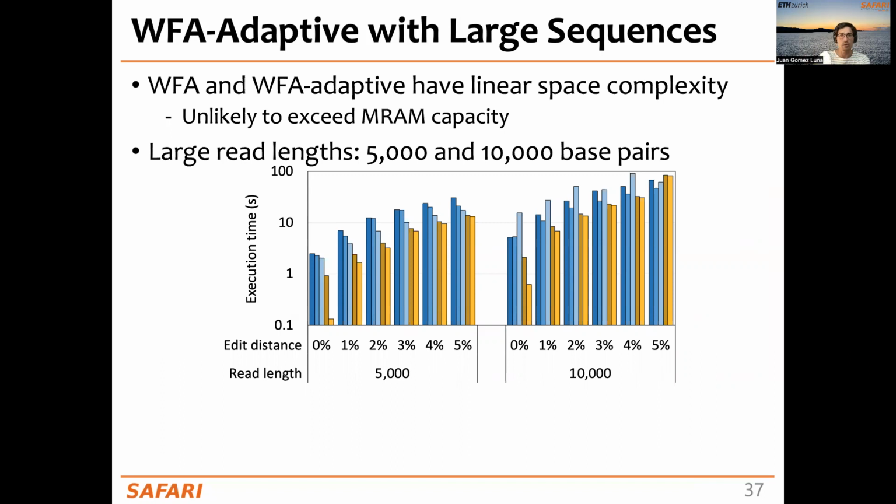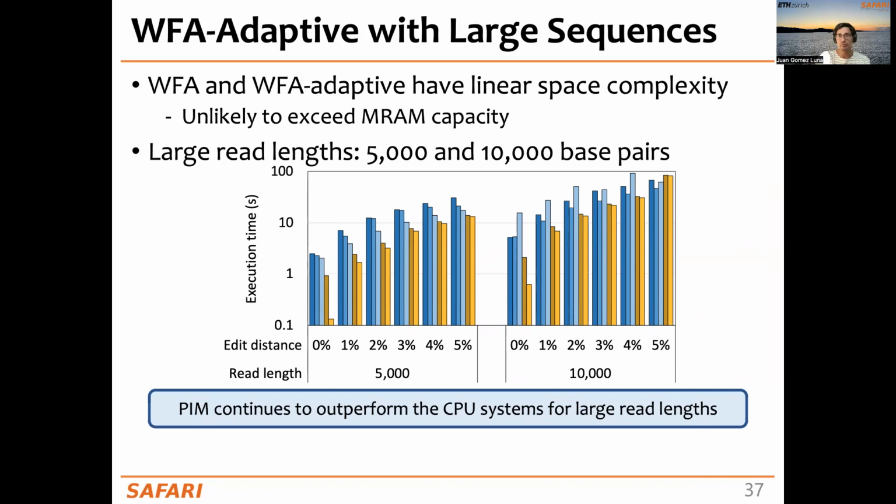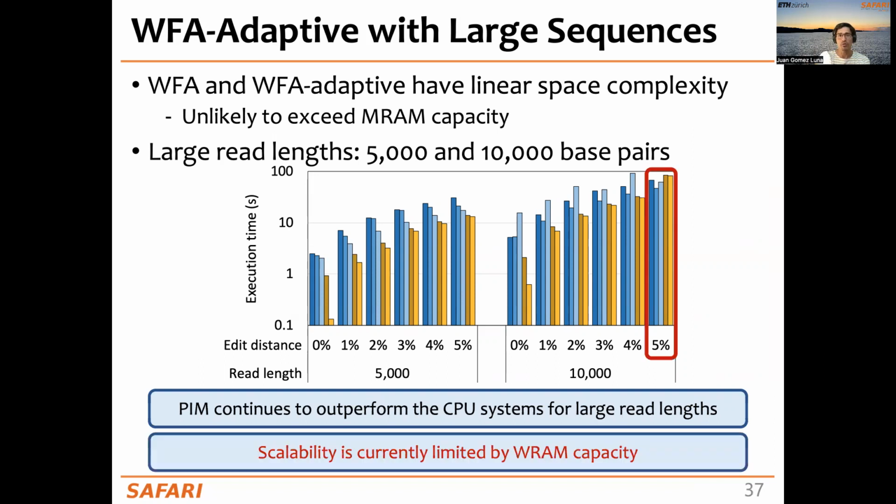And overall, we see that the PIM system continues to outperform the CPU systems for large read lengths. Only for the longest reads that we have used and also the highest edit distance threshold, we see that the scalability starts being limited, but this is again due to the WRAM capacity.